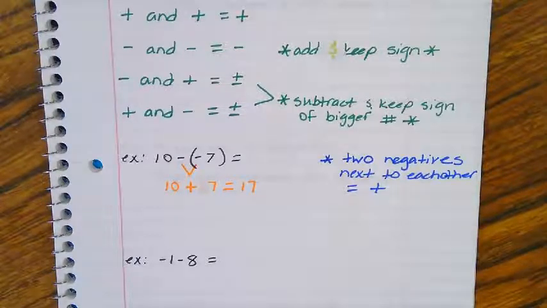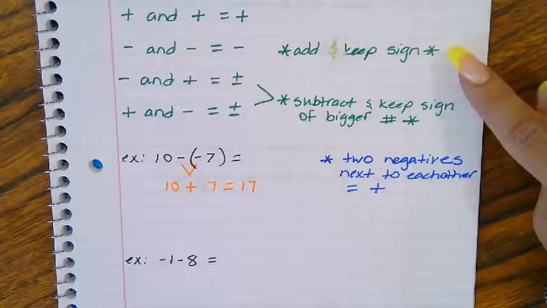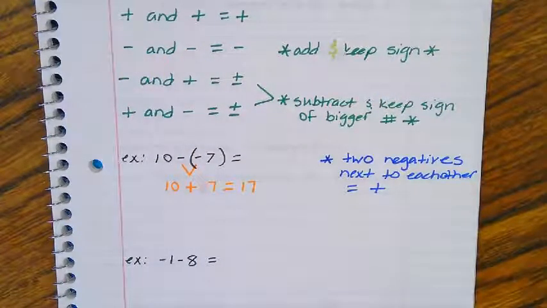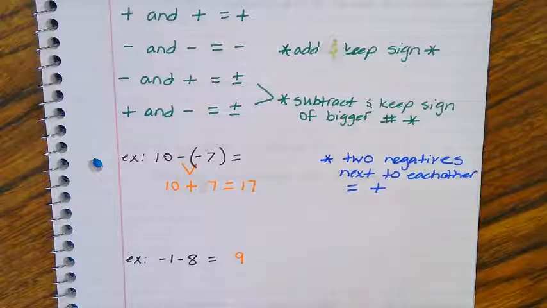So our rules say if we have two negative numbers, we're going to add and keep the sign. So 1 plus 8 is 9, right? We're going to keep our negative sign. So it would just be a negative 9.